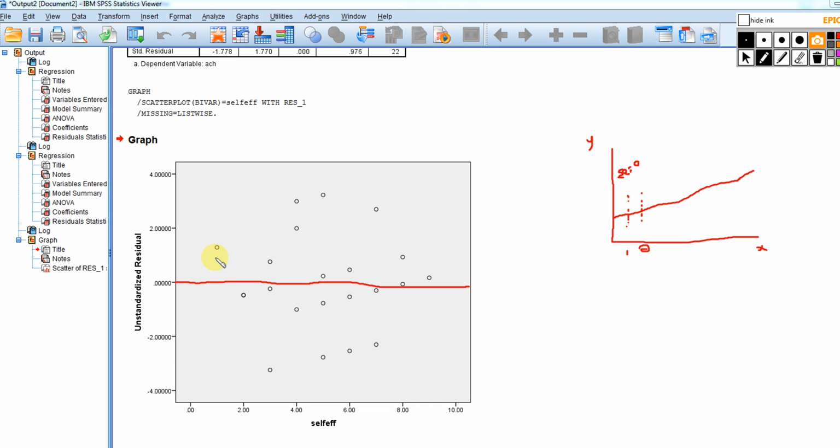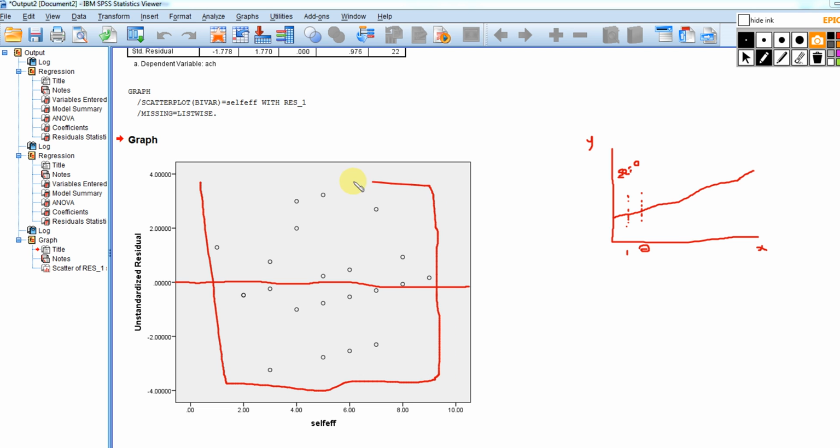This person's actual value is less than the predicted value, and so forth. And what you're looking for is essentially a random display of data points laid out right here. Okay, so what we're looking for is a lack of a pattern.